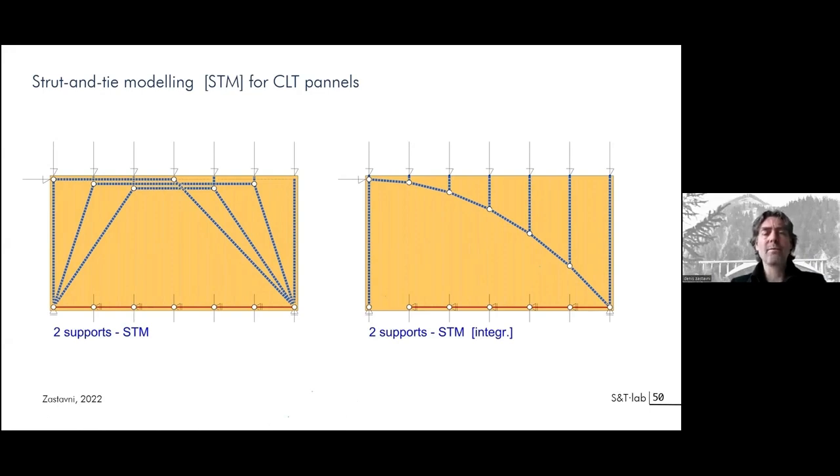On the left, we have the fan-like approach that I was putting forward just before. On the right, you have the integral approach in which you can see the truss-like approaches. That is a kind of generalization of the fan-like system.